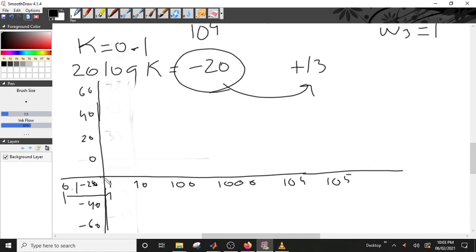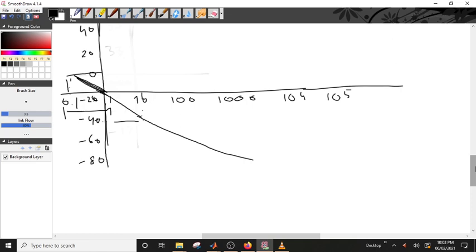It should move minus 20 dB between this decade, then again minus 20 dB, then minus 20 dB, and that's all, right? So this slope should be like this, minus 20 dB per decade.